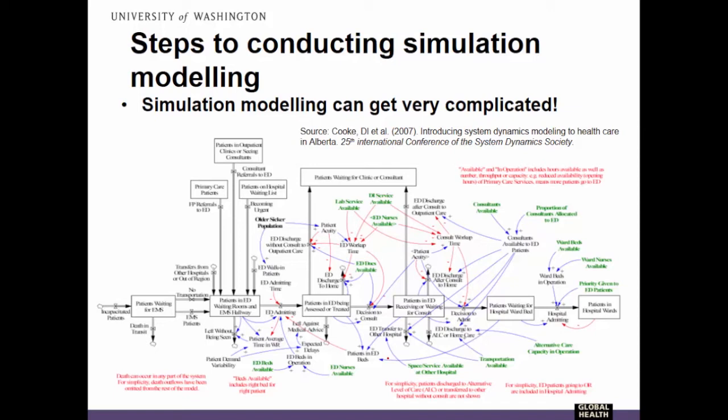But they wanted to answer specific questions. They wanted to know, what effect does a shortage of family physicians, the potential ER docs, have, and what effect does a shortage of consultants have on the overall performance of this ER treatment system?